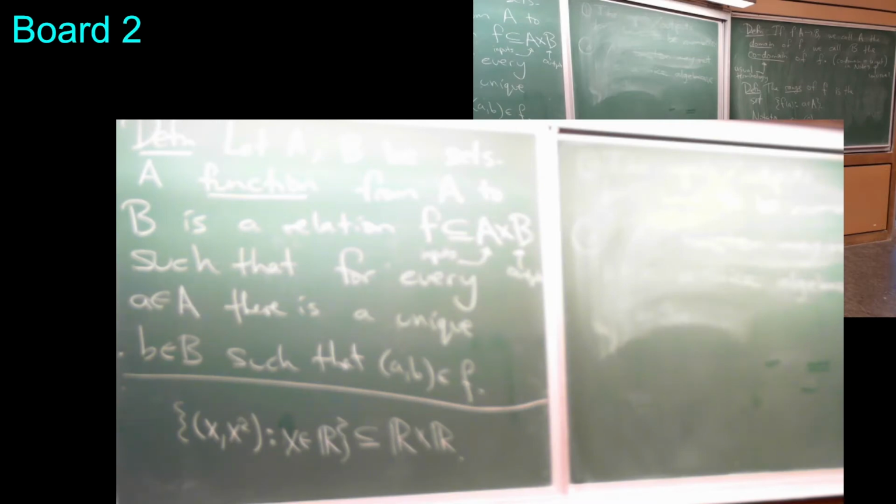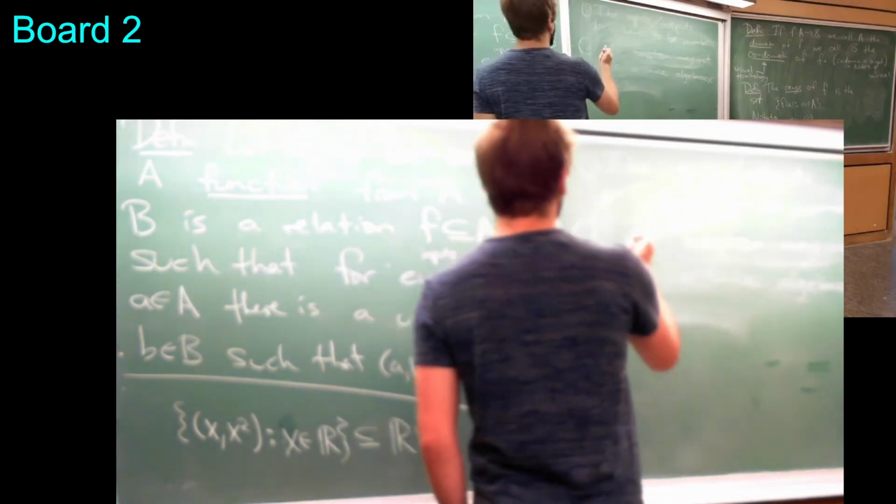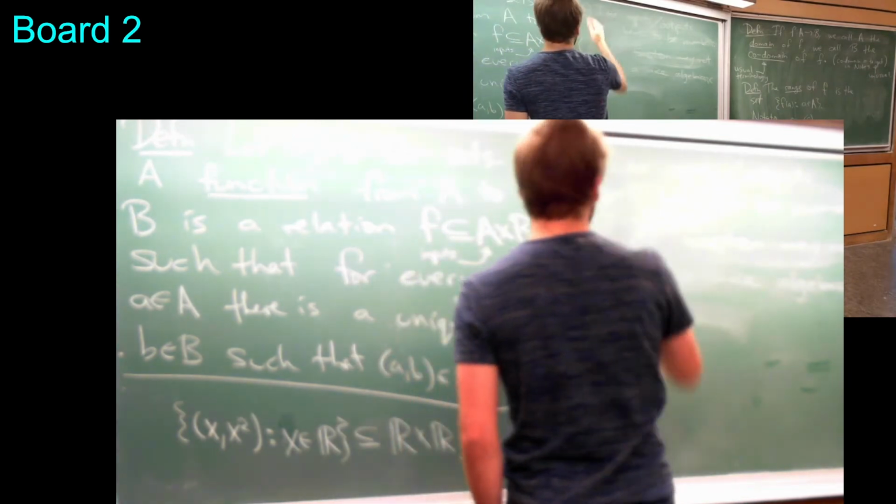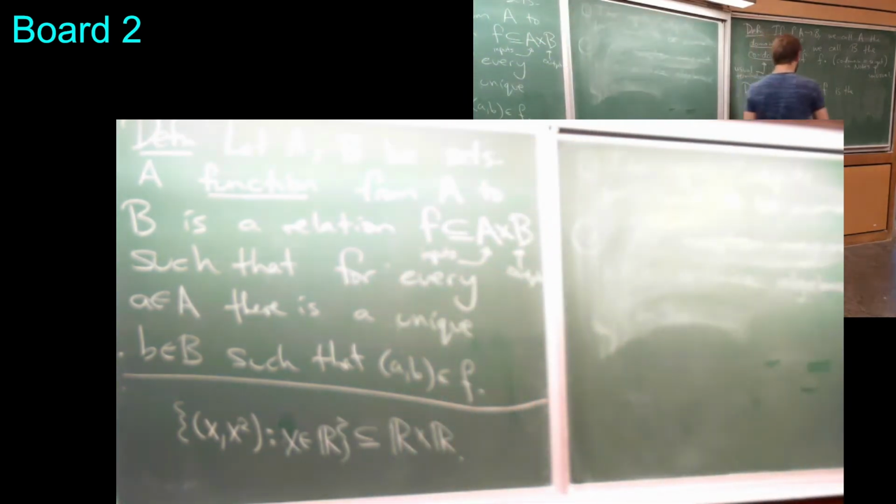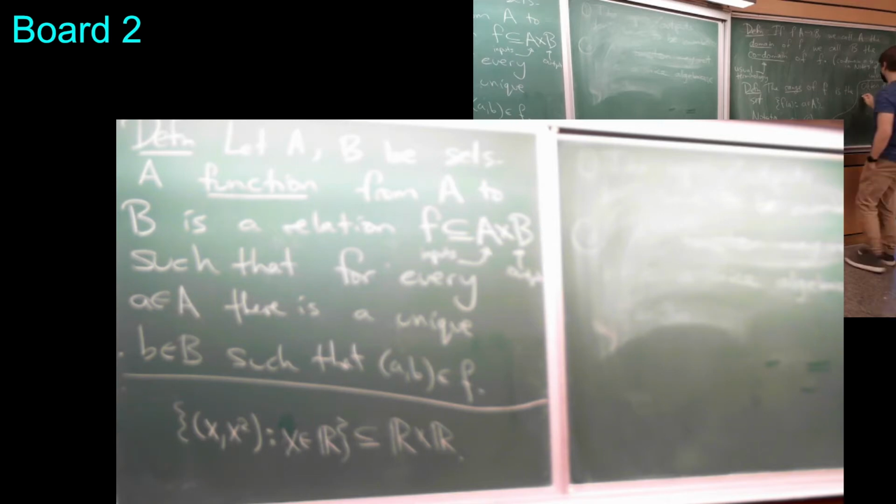Okay, so maybe I should say that often the simplest way to define a function... You should be aware that a function is a relation. A function is a set, a subset of A cross B. But at the same time, it's not always the easiest way to define the function.